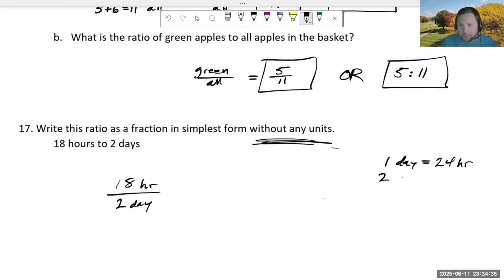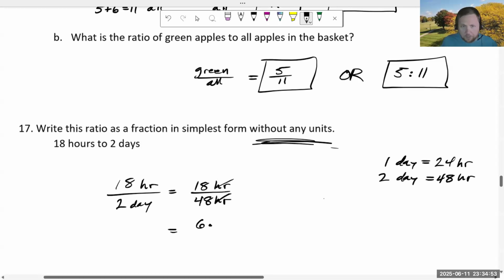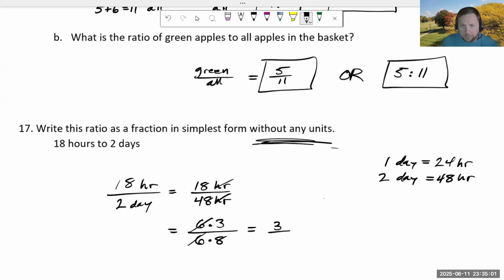So then 2 days, I just double the hours, right? So it's 48 hours. So this would be 18 hours to 48 hours. So the hours are done. And then 18, that's 6 times 3. 48 is 6 times 8. So the 6's go away. So I have 3/8, and I can't reduce that any further.